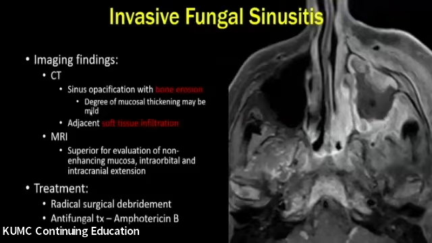That's really important. The degree of mucosal thickening might be very mild, where we're looking for adjacent soft tissue infiltration. It's really soft tissue where there shouldn't be in that fat surrounding the sinuses. MRI is going to be our best way to evaluate for that non-enhancing mucosa and intraorbital and intracranial extension. Treatment's going to be radical surgical debridement, so it's really important for us to tell our surgical colleagues where the infection is spread to, and then, of course, antifungal treatment.